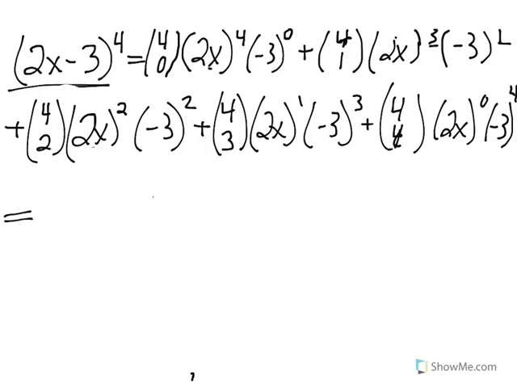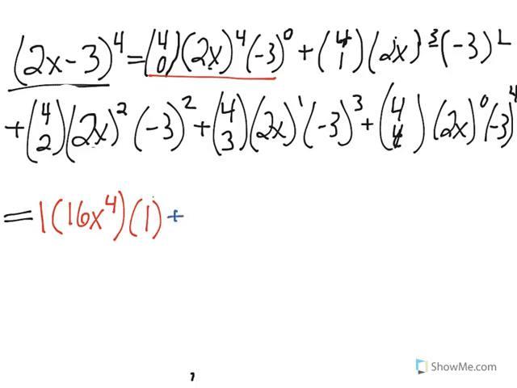Now, let's simplify. 4 combination 0 is 1, and then 2x to the fourth is 16x to the fourth, and negative 3 to the 0 is 1.